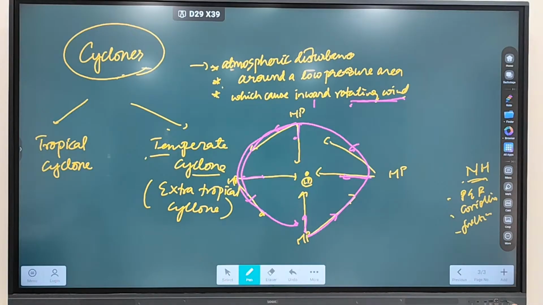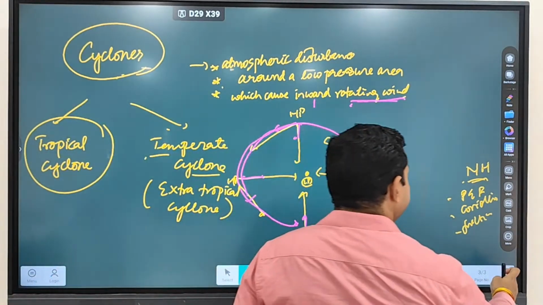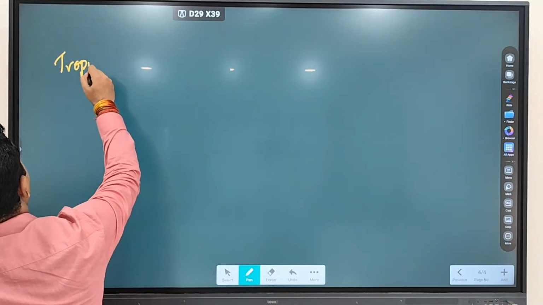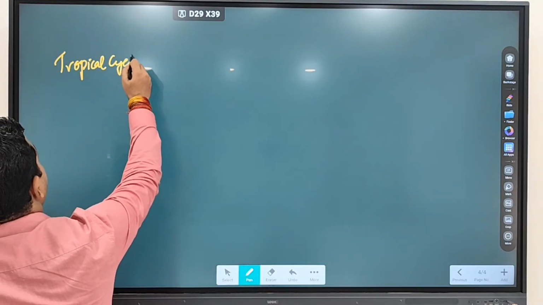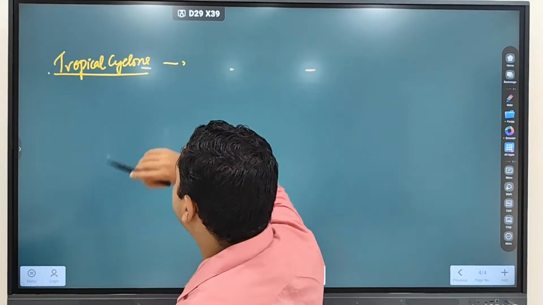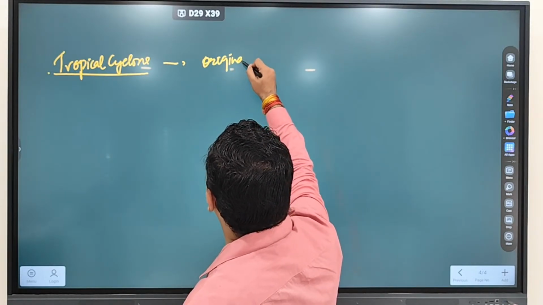Clear? Now the first we are going to take up is which type of cyclone? Tropical cyclones. So what is a tropical cyclone?